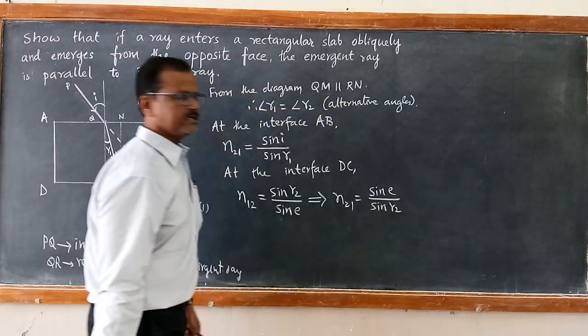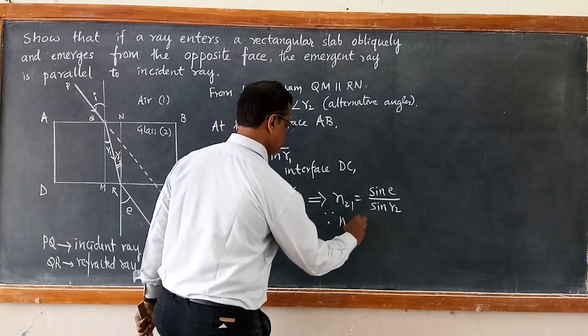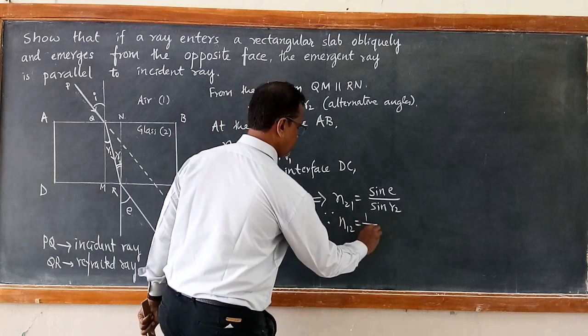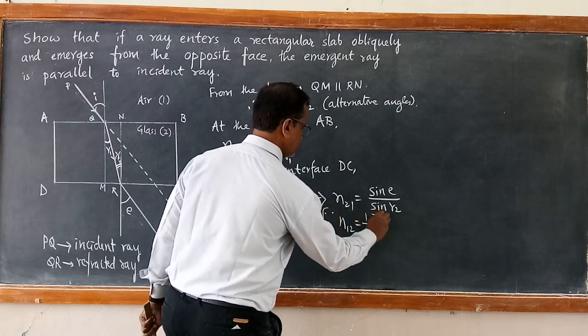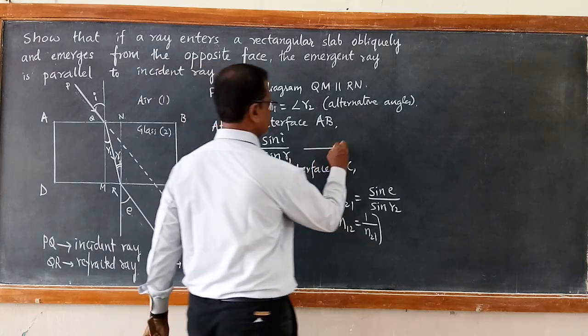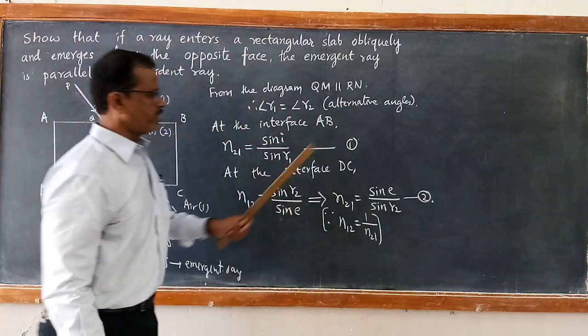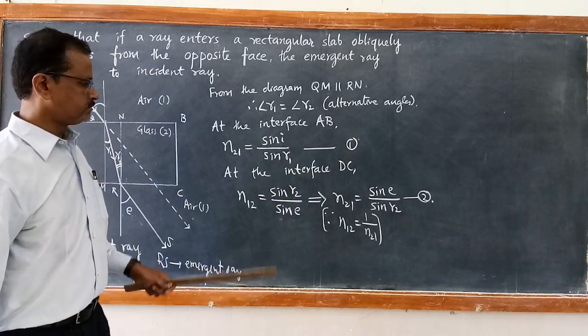What is the reason? Because N12 is equal to 1 by N21. So the inverse of this becomes sine E by sine R2. Call this equation 1. This one is equation 2. So using 1 and 2, what do you observe?